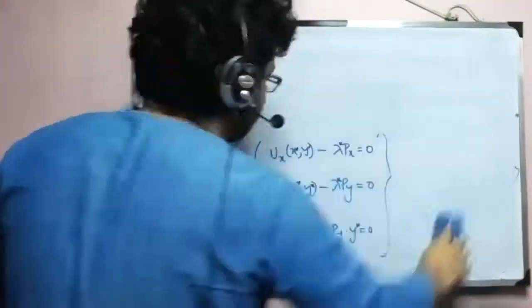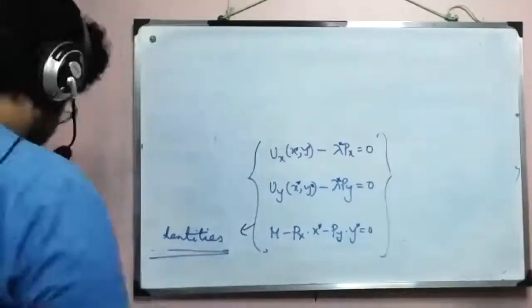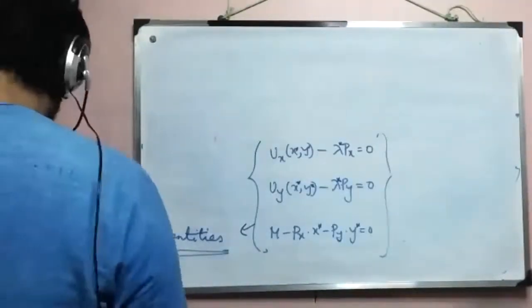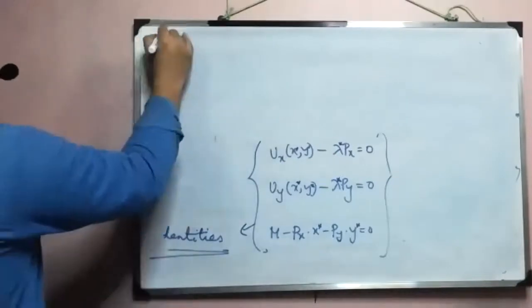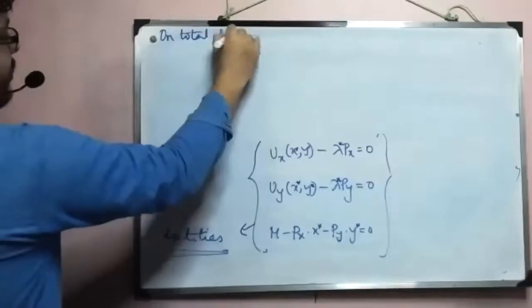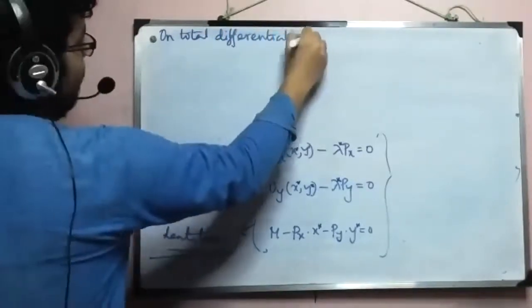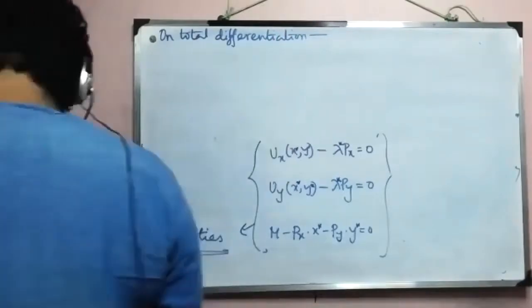Okay, so we're trying to perform total differentiation, right? So on total differentiation, we'll have 3 lines.